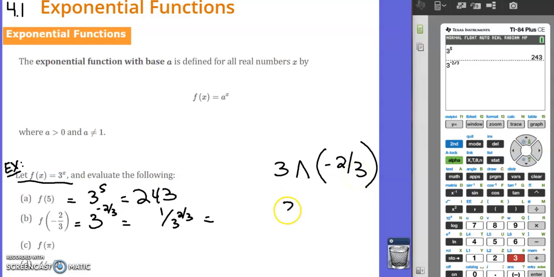If you don't do that, the calculator will do 3 to the negative 2 first, and then it will divide the whole thing by 3. That's not what you want to do. You want to take it to the negative 2/3 power. So make sure you remember to use parentheses on a fractional exponent.